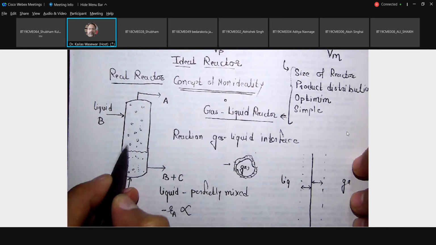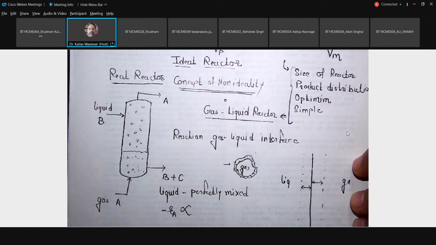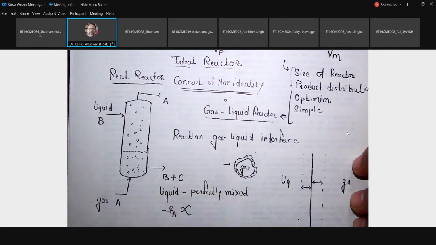So whatever surface area is there, it will depend on that. If it has a higher surface area, the rate will be more, because the contact area available will be more, then the reaction rate will be more. So it will be directly proportional to the total bubble surface area.